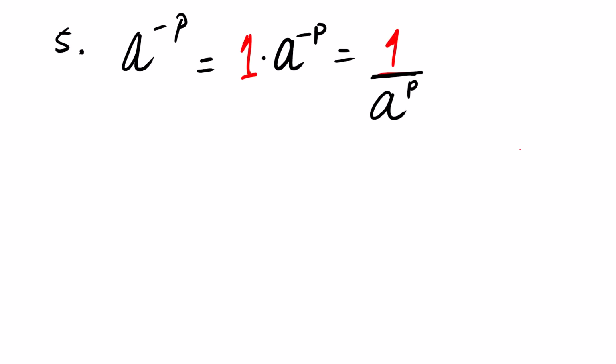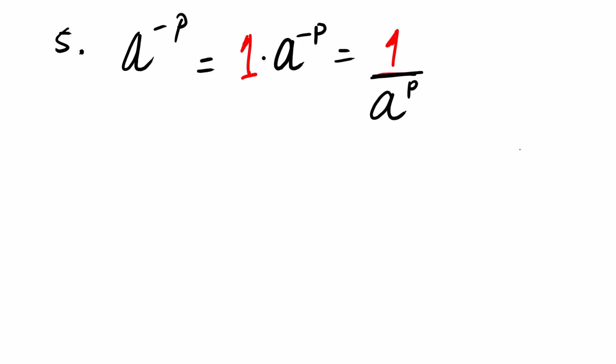Our next law has to do with reciprocals. So suppose we have a base raised to a negative exponent. We check the coefficient of that variable. In this case it's 1, so it will be 1 multiplied by a to the exponent negative p.